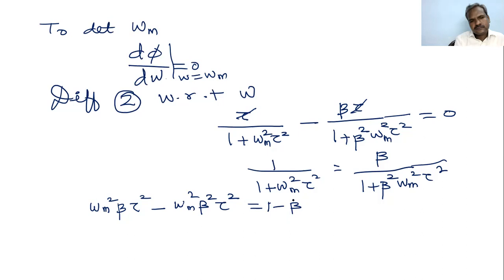Yes, this can be written like this. Now we can take omega m square as a common term. So beta tau square minus beta square tau square equal to 1 minus beta.